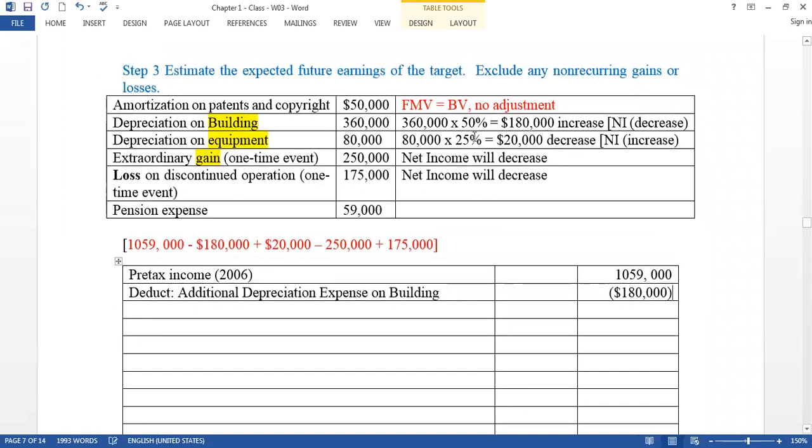Then we find that in future, our depreciation expense on equipment is going to decrease. Reduction.